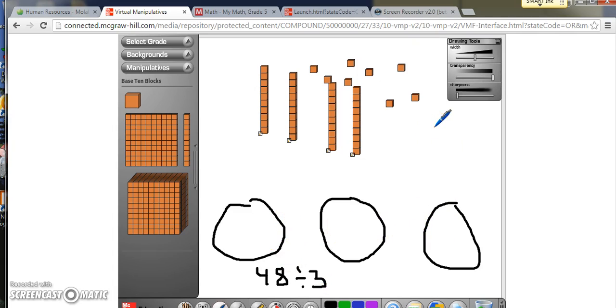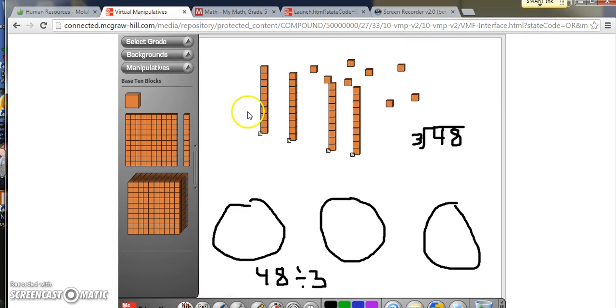Or it would look like this, 48 divided by 3. And once I do that, I need to go back to my hand tool.